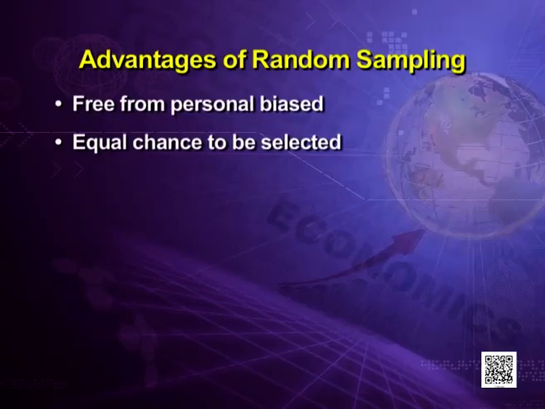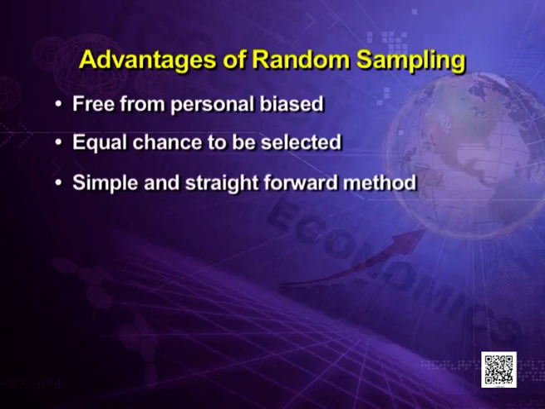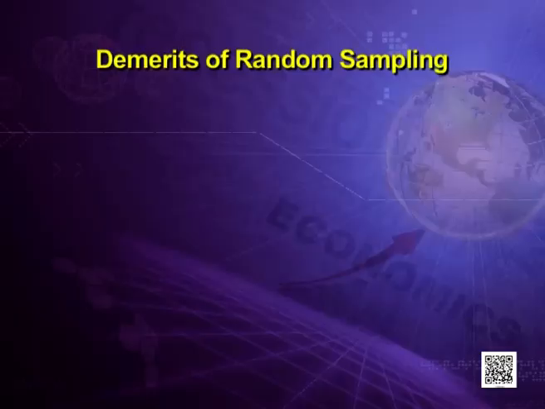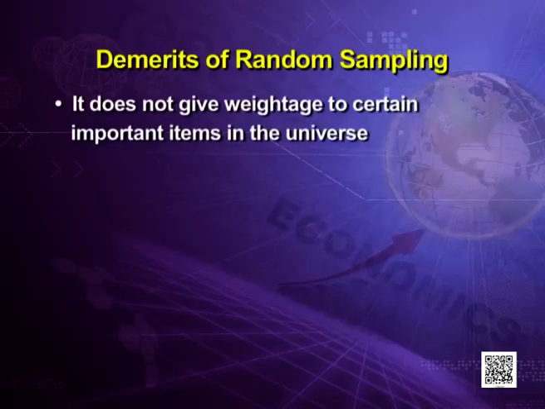The third advantage is that it is a simple and straightforward method which involves random picking or random selection of the sample. After that, we can talk about the demerit of random sampling. It has one most important demerit: it does not give weightage to certain important items in the universe.